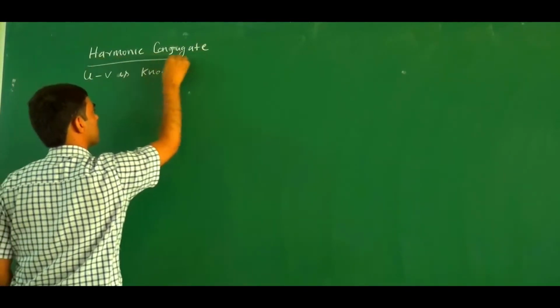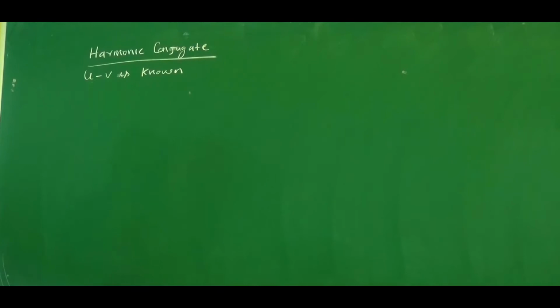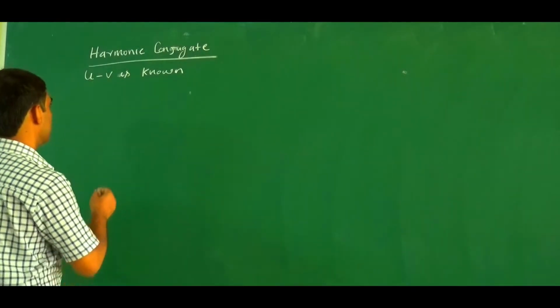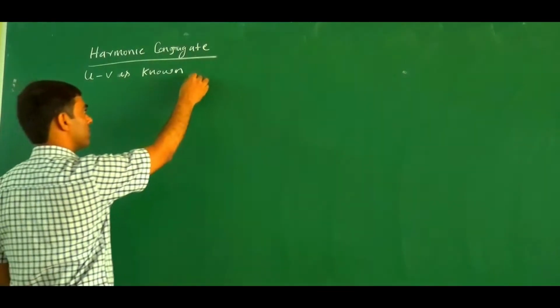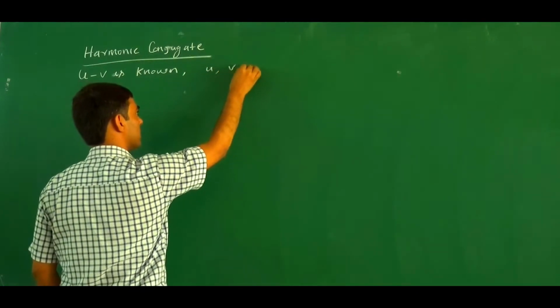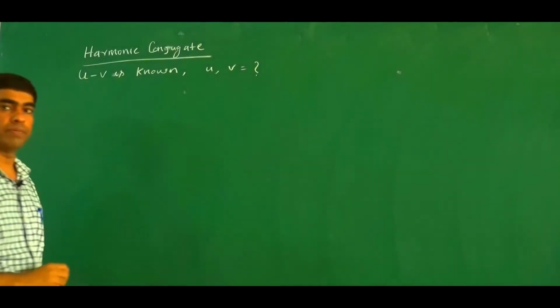So if u minus v is known and f(z) is an analytic function, then how do we find the values of u and v?